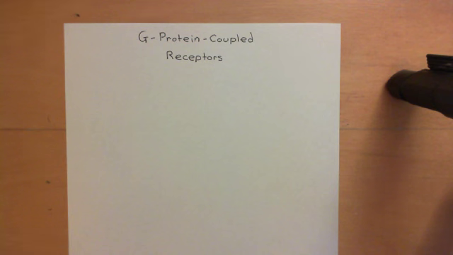Then we will discuss the heterotrimeric G-proteins. We will look firstly at the diversity of heterotrimeric G-proteins, so all the different alpha subunits, all the different beta subunits, and all the different gamma subunits. We'll then look at the structure of heterotrimeric G-proteins in quite a bit of detail.